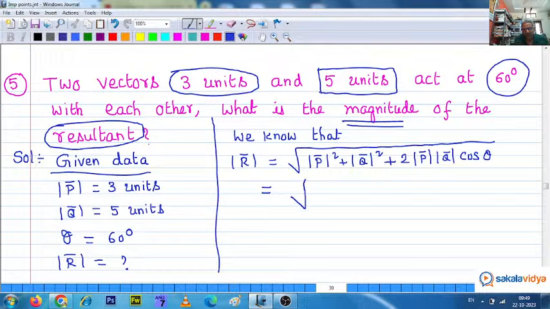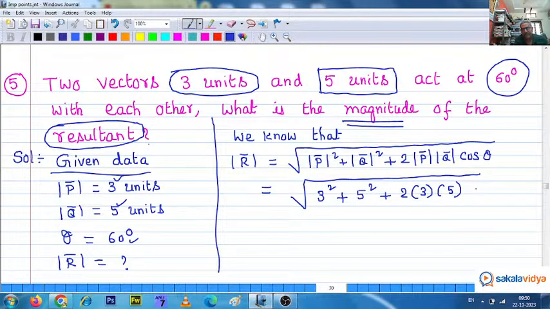This is equal to root over 3 square plus 5 square plus 2 times 3 times 5 times cos 60 degrees. So my dear students, please remember, cos 60 degrees is equal to 1 upon 2. This is very important. Cos 120 is equal to negative 1 by 2.